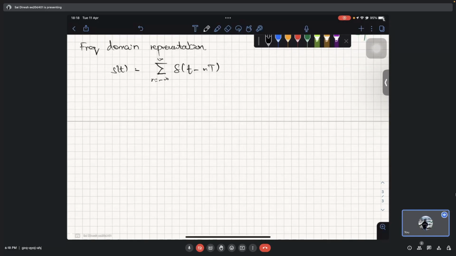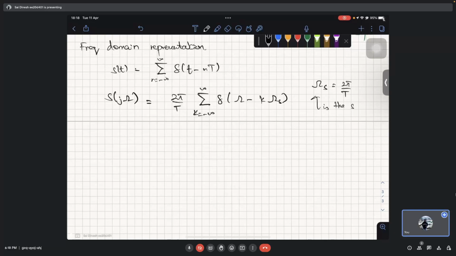Taking it to the frequency domain, we have this equal to 2 pi by T times the sum of delta of omega minus k omega s, where capital omega s is equal to 2 pi by T, the sampling frequency, where T is the sampling time, right?